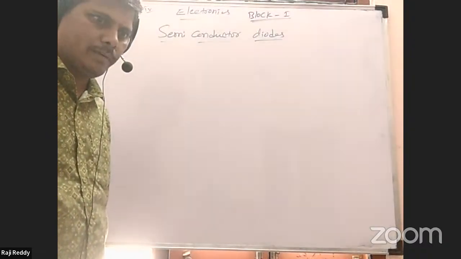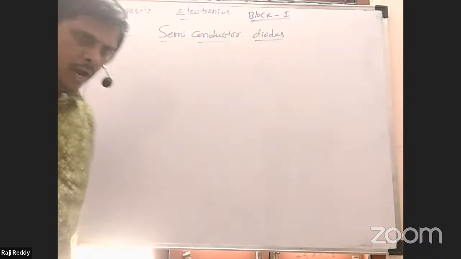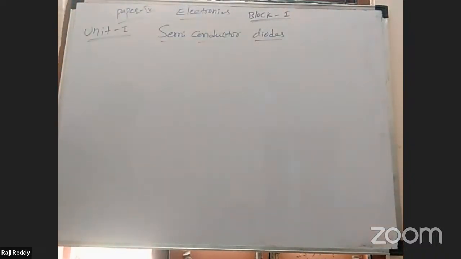These are group four elements. The best examples of semiconductor device materials are silicon and germanium. In semiconductor devices, the first basic thing is the PN junction diode. Before that, energy bands, valence band and conduction band theories are also there, but that is not in our syllabus.